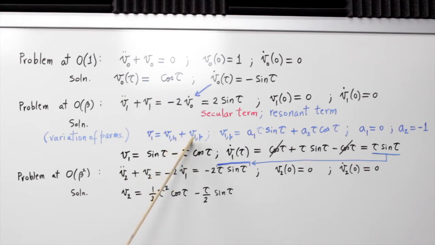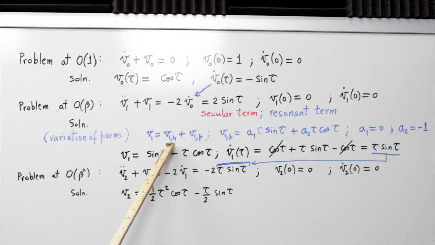We can observe simply that the particular solution, in the case when it's forced with a secular term, is going to be made up of A1 times tau times sine of tau and A2 times tau times cosine of tau, and we can substitute this particular solution in the differential equation and collect coefficients at various powers of sine and cosine, and we can deduce by a straightforward logic that we have discussed before that the unknown coefficients A1 and A2 have these values.